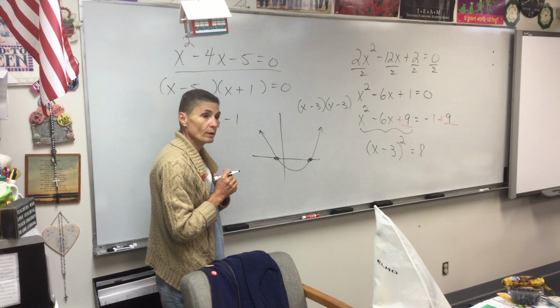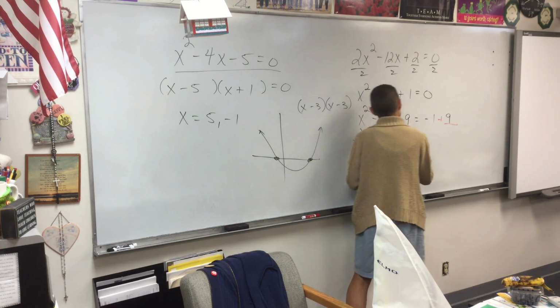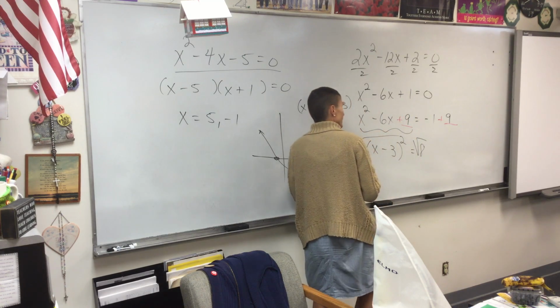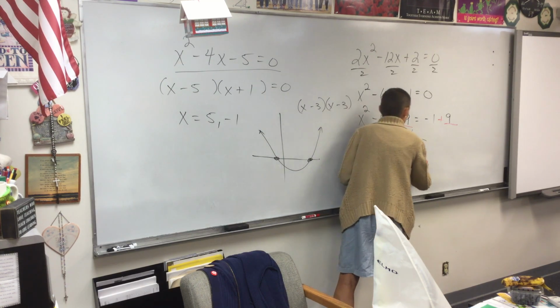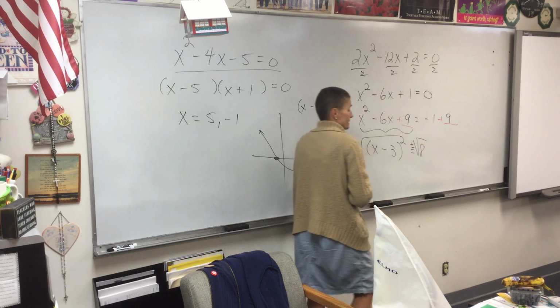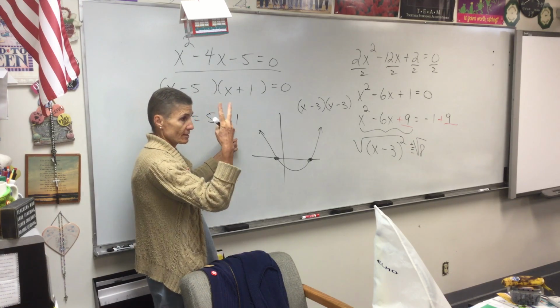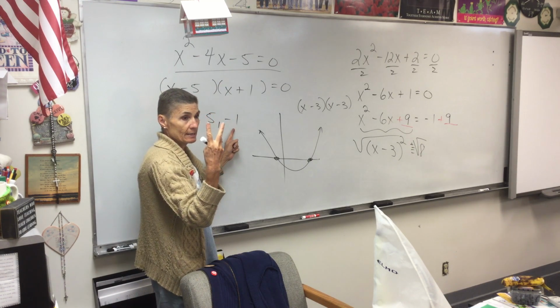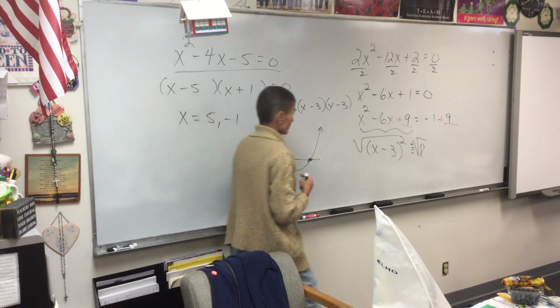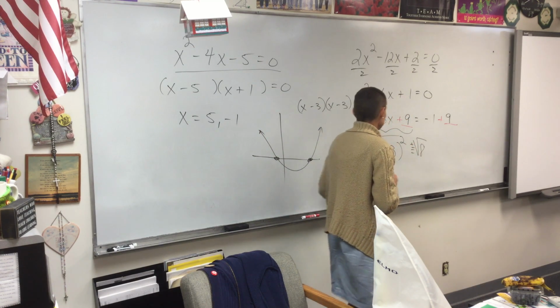Okay, what do we do at this point now? Square root both sides. And here comes the part we sometimes forget. When we take the square root of 8, it is plus or minus. Remember, quadratic equations have 2 answers. In order to get 2 answers, you have to remember the plus or minus over here.